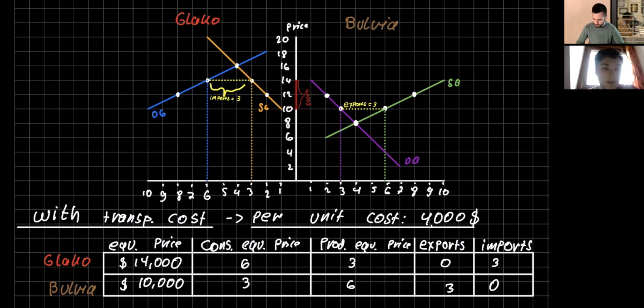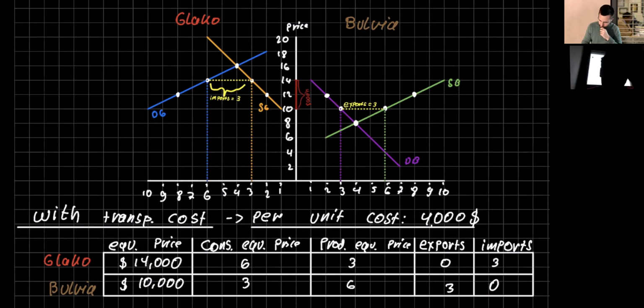By looking at the curves, the quantity demanded is going to be 6 for Glauco, and they're going to produce 3 goods. So they're going to have to import 3 boats because there's an excess in quantity demanded.